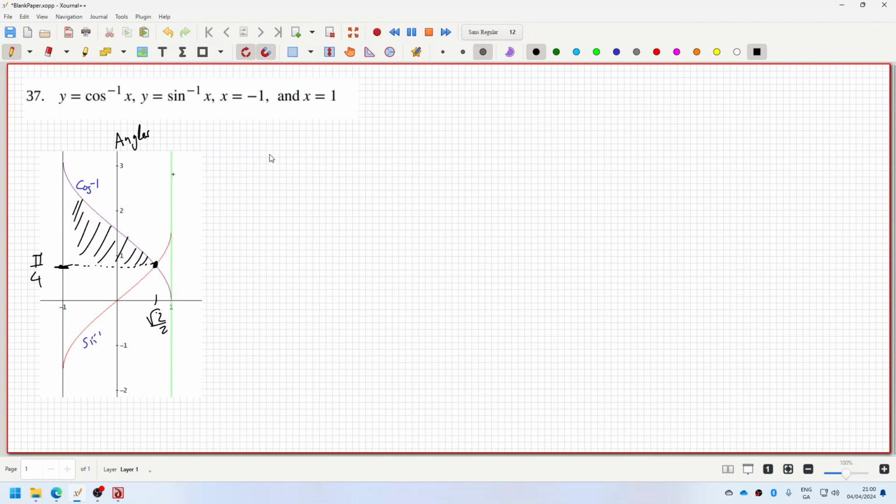So on the y-axis, and that there is pi. So it'd be the integration from pi over 4 to pi, and that is cos x dx. So that would be sine pi minus sine pi over 4.